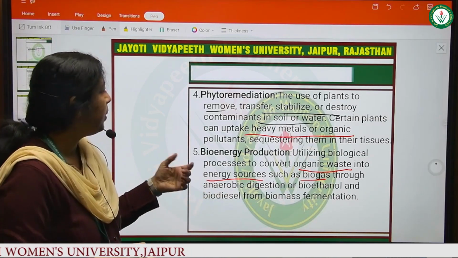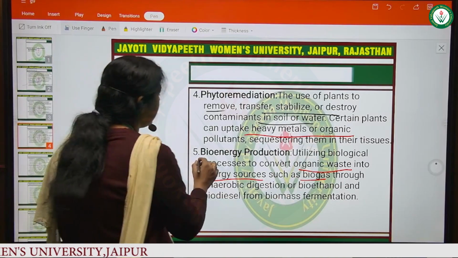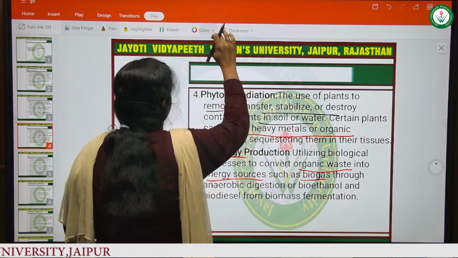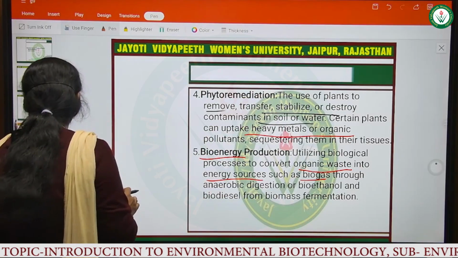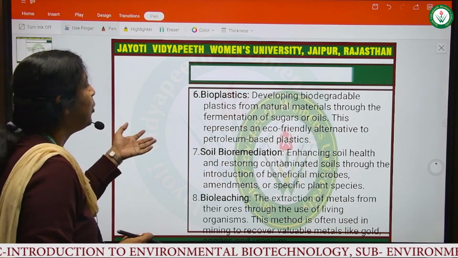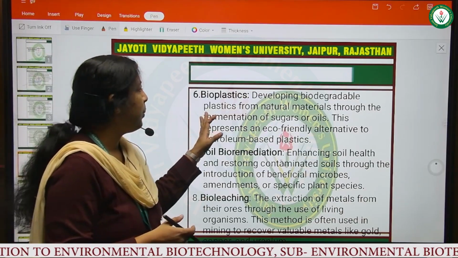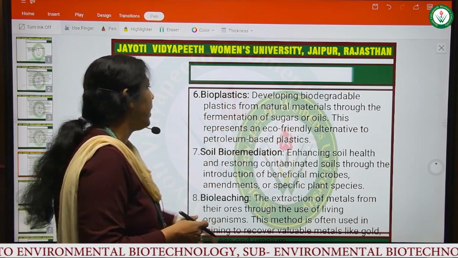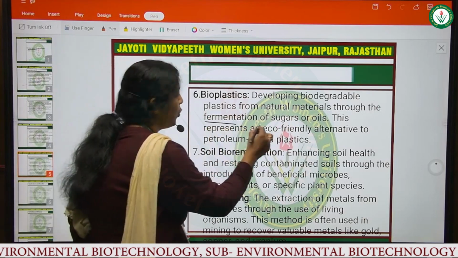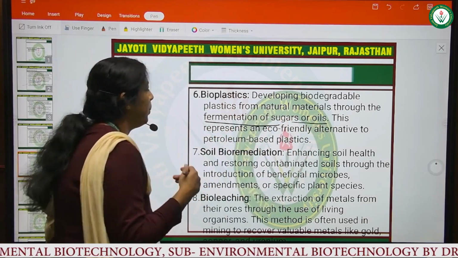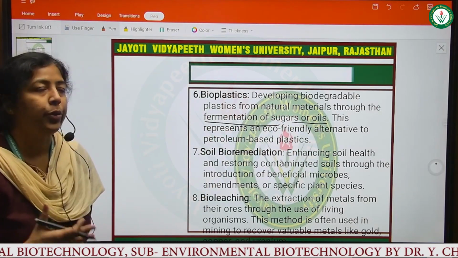Bioenergy sources can be produced. Bioplastic can be developed as a replacement for plastic, using natural material, for example fermentation of sugar or oil, to produce different eco-friendly products.